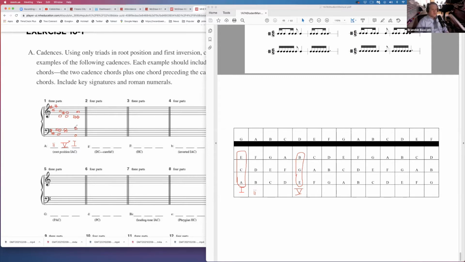Does it work? Except for we did exactly what we weren't supposed to do. And we put the melody in the soprano. Or the tonic in the soprano.